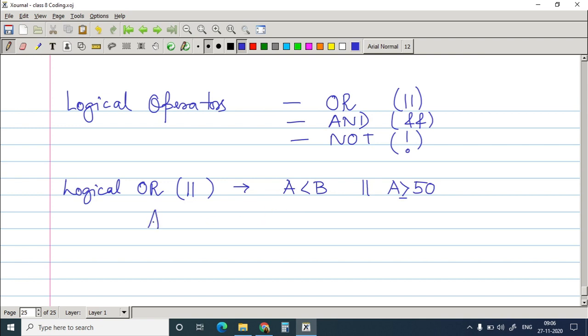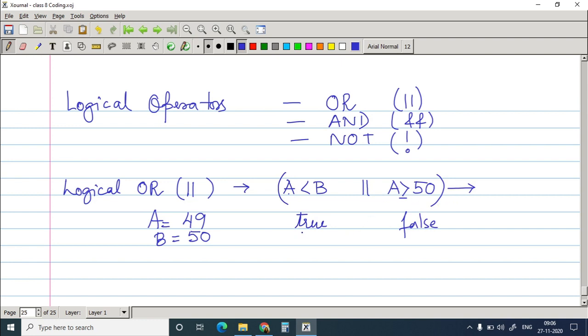Suppose A is equal to 49 and B is equal to 50. Now, is A less than B? This side is true. Is A greater than 50? This is false. So what will be the final output of this logical operation?